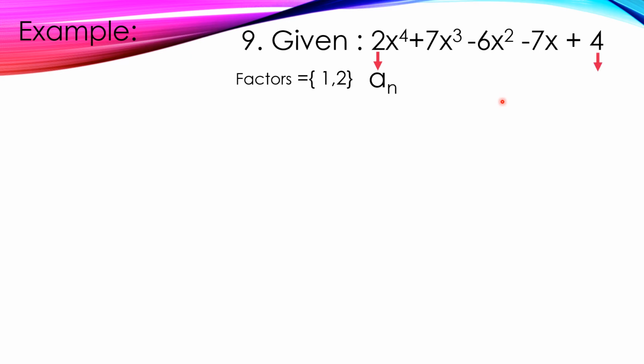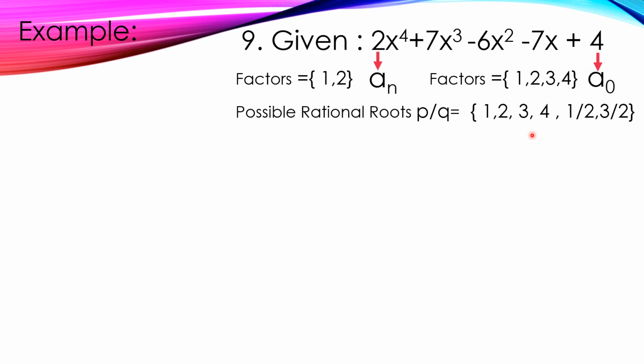Then we also consider the constant term, wherein it is represented by a sub 0. The factors of the constant term 4 are 1, 2, and 4. Meaning, these are the set of numbers that are divisible by 4.